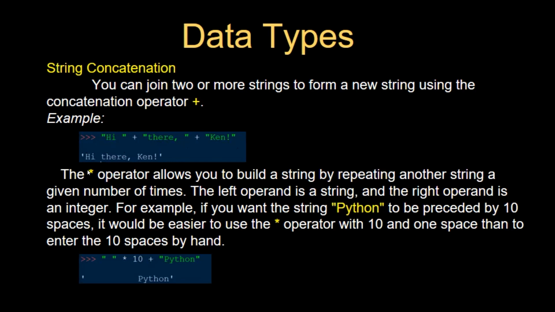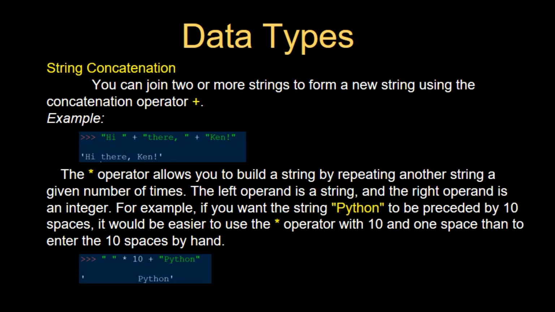And then we have also the asterisk. So ano naman to? The asterisk operator allows you to build a string by repeating another string a given number of times. So the left operand is a string and the right operand is an integer.